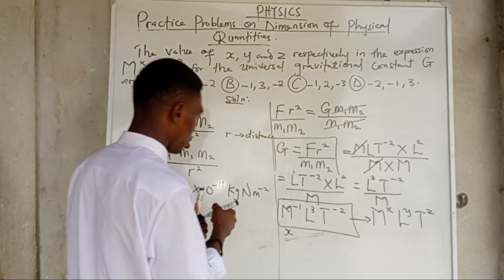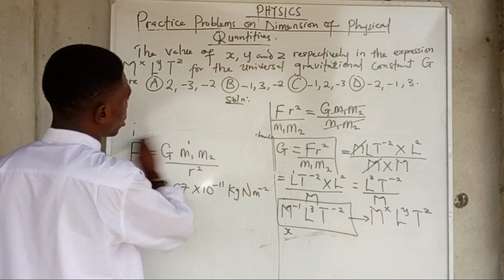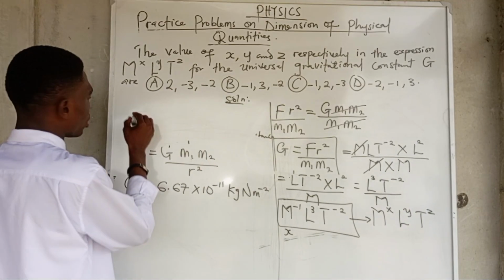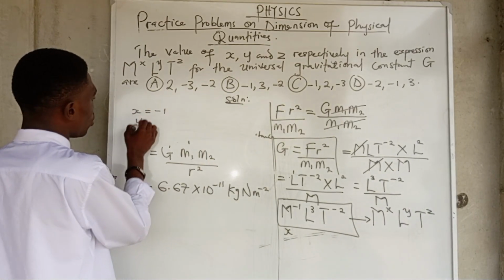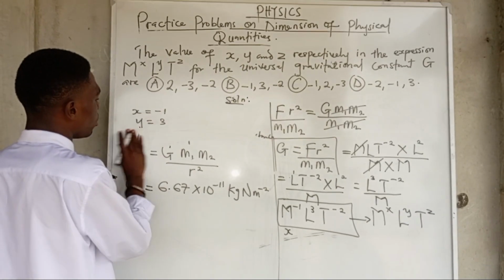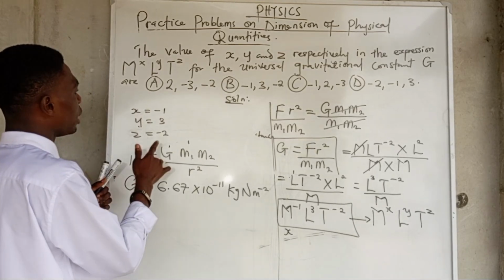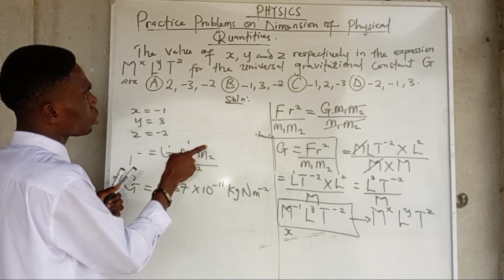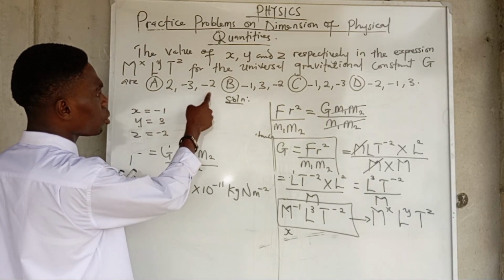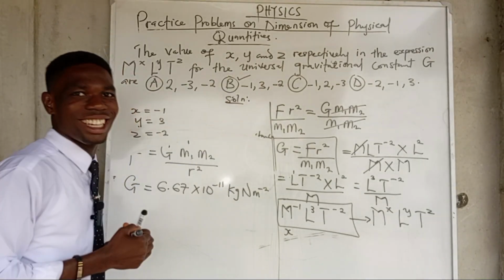So x is equal to minus 1, y is equal to 3, and z is equal to minus 2. Which option is in that order? Minus 1, 3, minus 2. So option B is the correct answer.